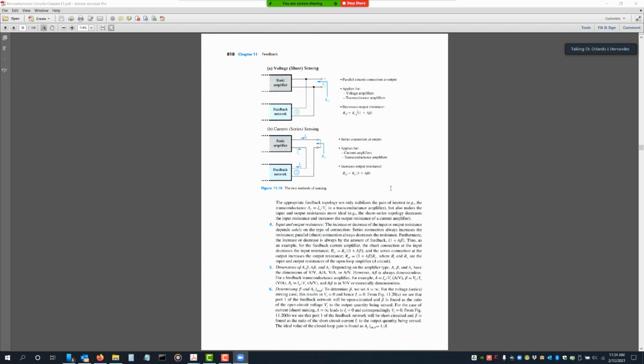So here you have the voltage sensing. Regardless, that's just the sensing part. So this shows that you can have voltage sensing or shunt sensing in parallel, or you can have current sensing in series over here. So you can see that.